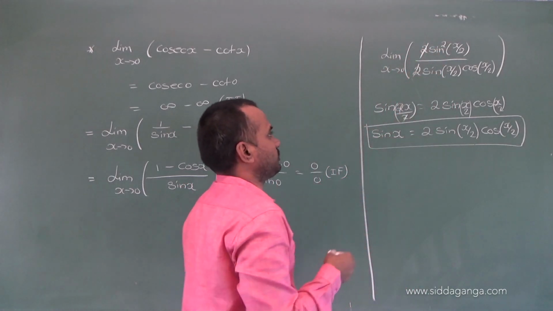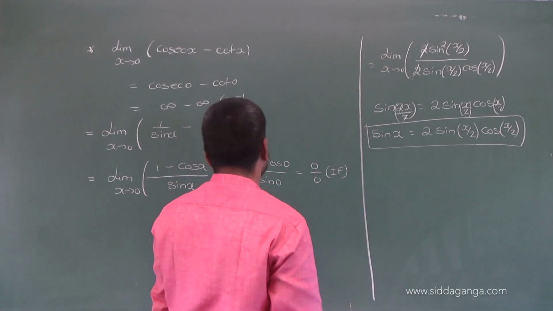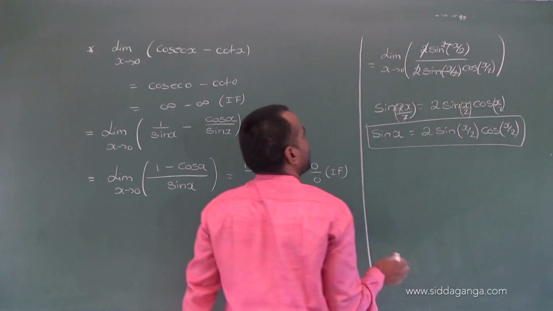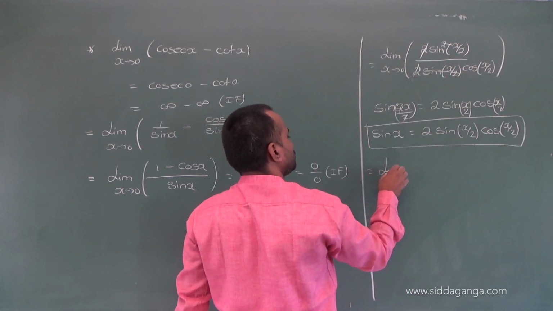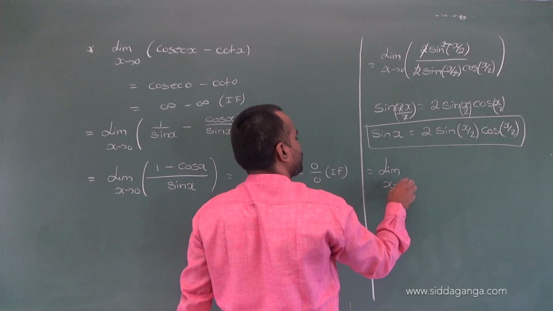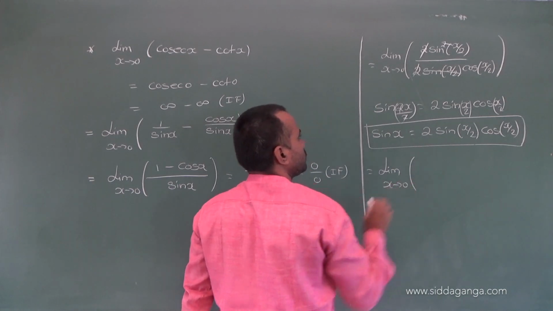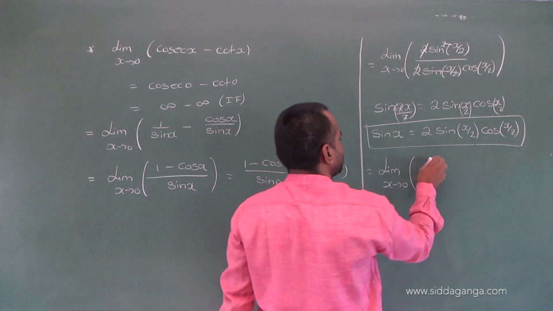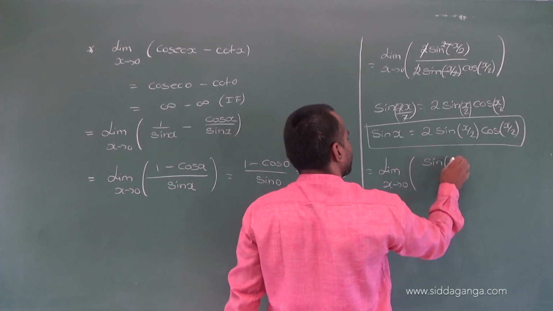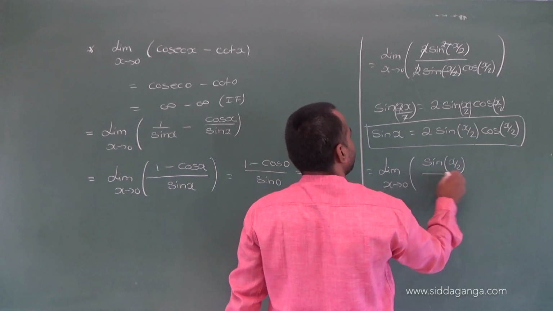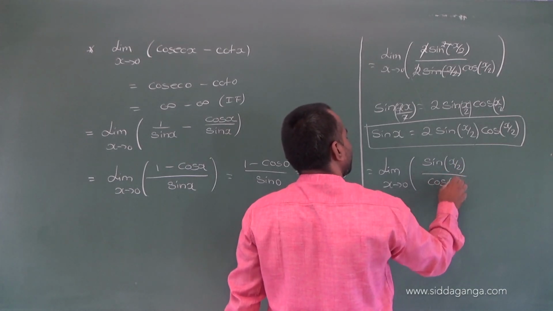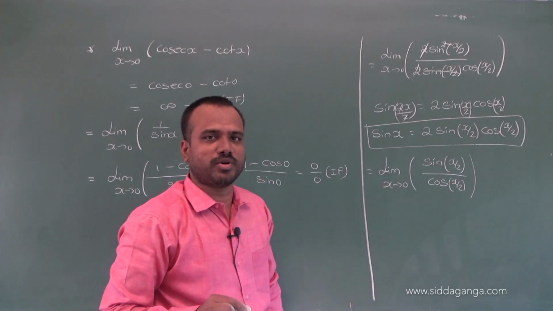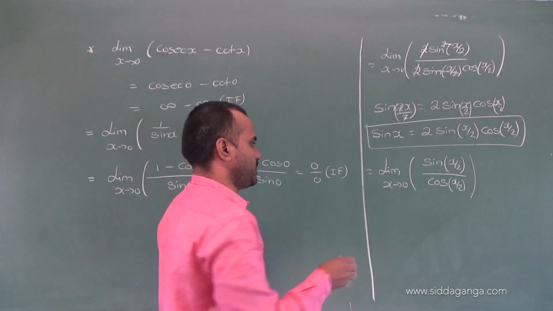One term gets cancelled. Limit x tends to 0. What is left? Sin x by 2 divided by cos x by 2.